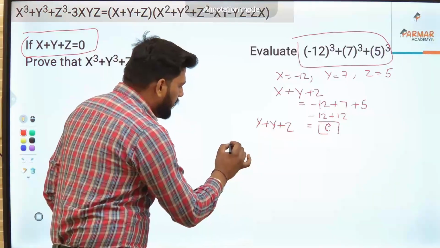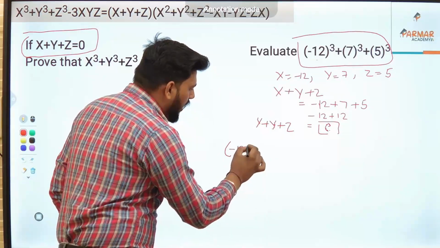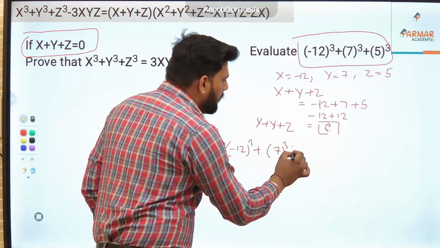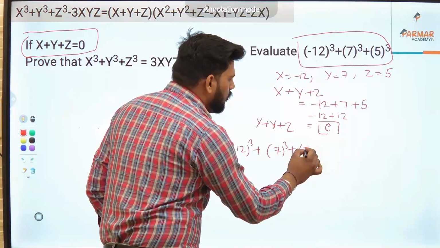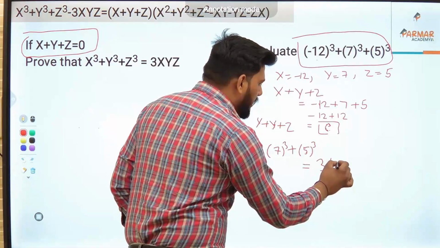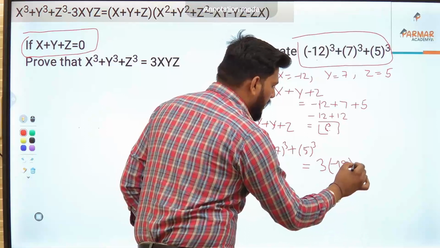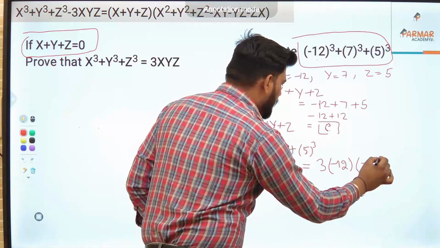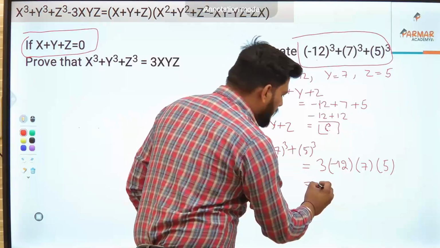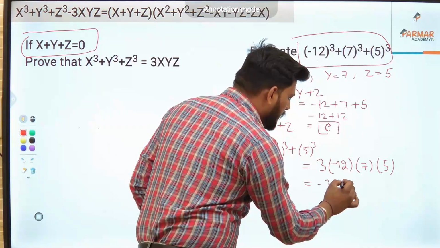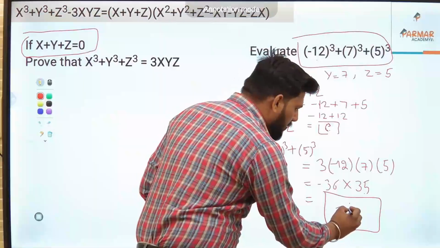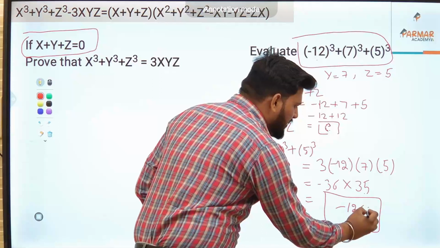So similarly, minus 12 cube plus 7 cube plus 5 cube is equal to 3 times the product of the numbers, minus 12 into 7 into 5. So now calculate what is the answer. This is minus 36 into 7 5s are 35, and the answer is minus 1260.